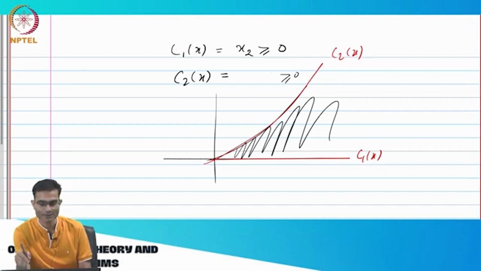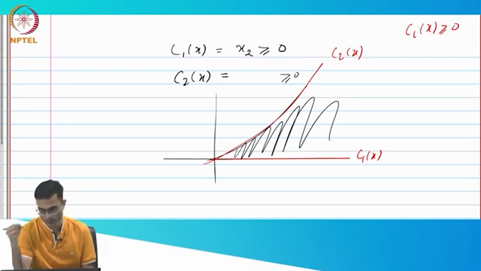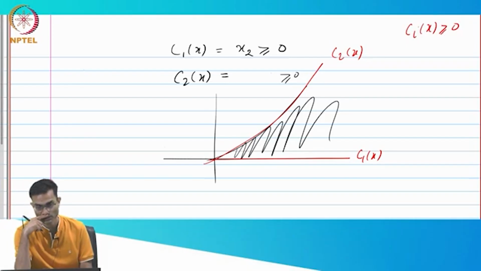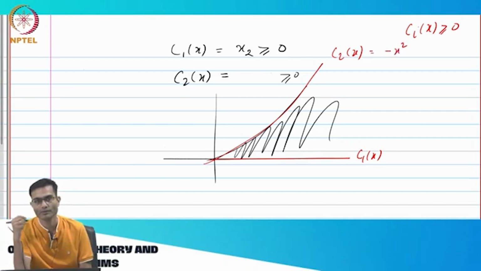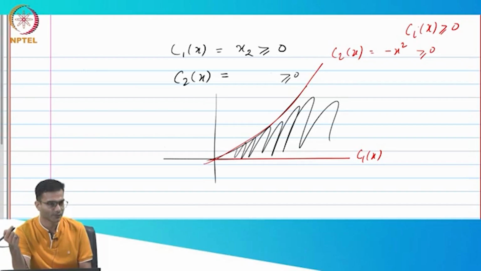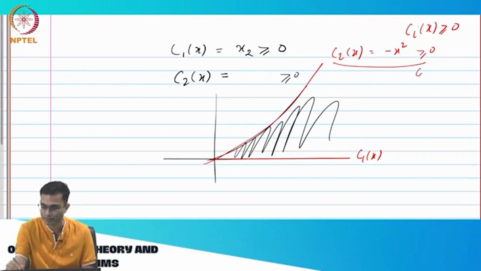But how will I define C2(x)? So the constraints have to be defined such that Ci(x) is greater than or equal to 0, right? But C2 is not, right? So this is more like minus x squared, greater than or equal to 0, right? So you're right. If the functions are convex, then the intersection seems to be convex. So this is not a good example because this constraint function is not convex.